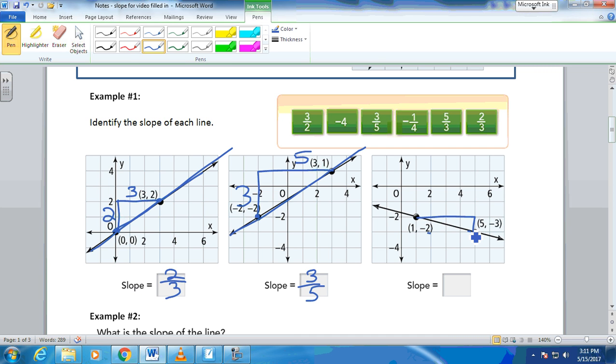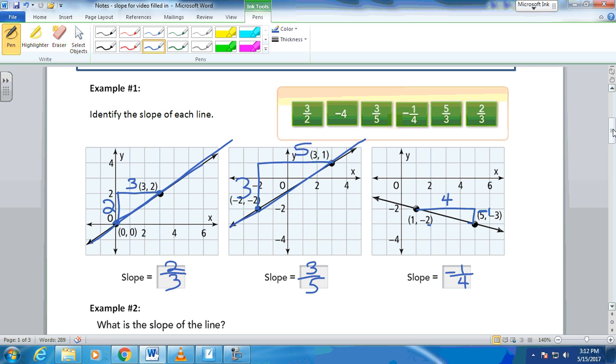Either one would be fine. This one, my rise is -1, and my run is 4, so my slope ends up being -1/4. The other way that you would know that this was negative is because they say the vertical change, so you could subtract your coordinates to figure out what your slope is going to be as well, which I can go over.